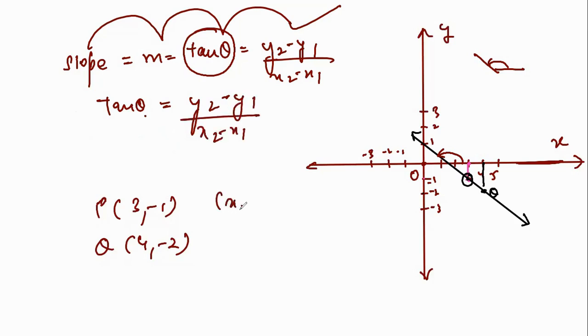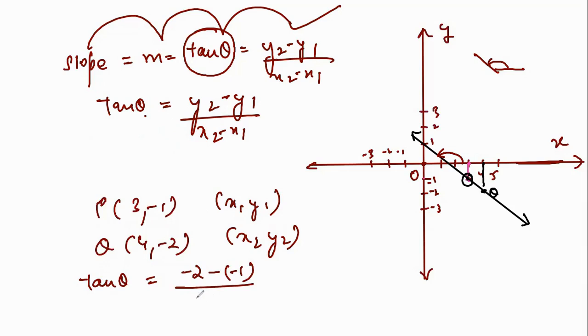Point P I am taking as (x1, y1), and point Q as (x2, y2). When I put in the formula, tan theta equals y2, which is -2, minus y1, over x2 minus x1. So this is -2 plus 1 over 1, which is -1. Here I want to tell you one very important thing. Tan value is -1 either in the fourth quadrant or in the second quadrant, because tan is negative in the second and fourth quadrants.